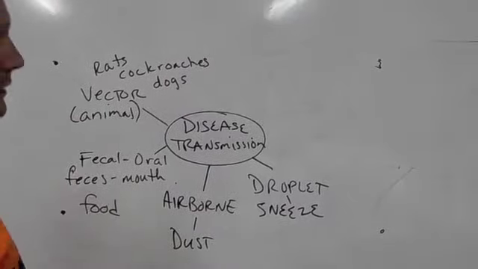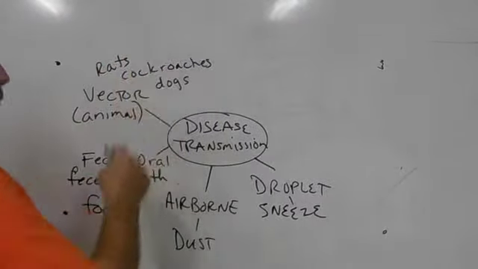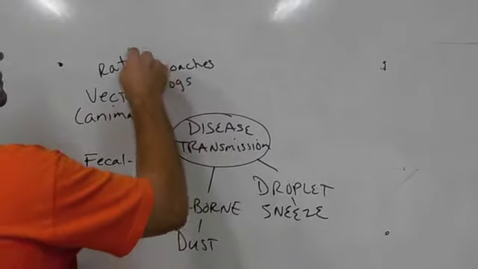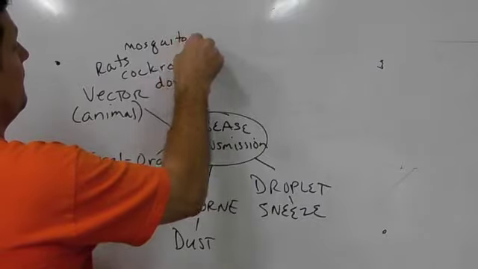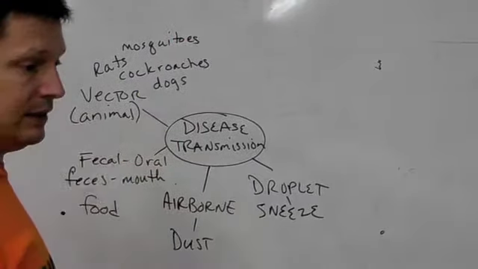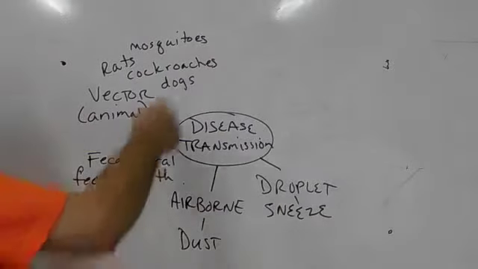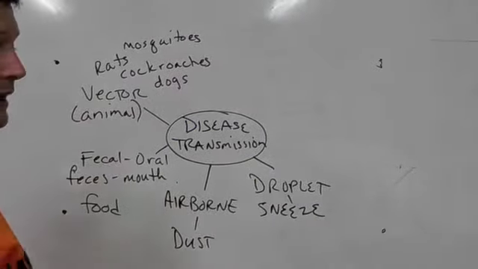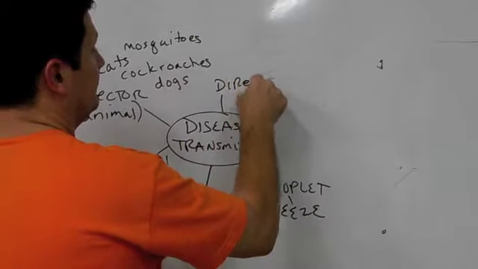And of course the other diseases that we find, probably one of the more common ones here in Asia would be mosquitoes. So that would be anything like dengue fever, malaria, West Nile virus, yellow fever, all examples of these.